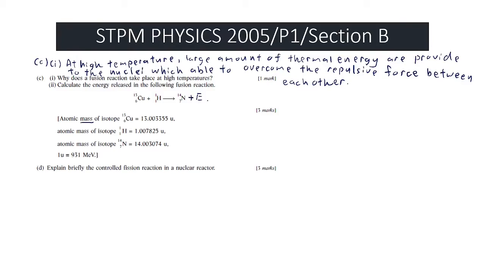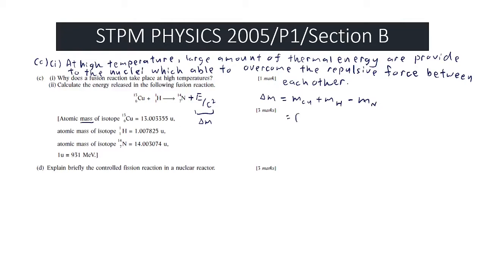Basically, it's the concept of the conservation of energy. So in this case, E divided by c squared is what we call the difference in mass. So this delta M is given by the mass of the C plus the mass of the H minus the mass of the N.